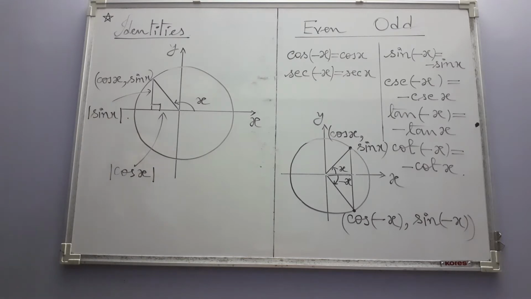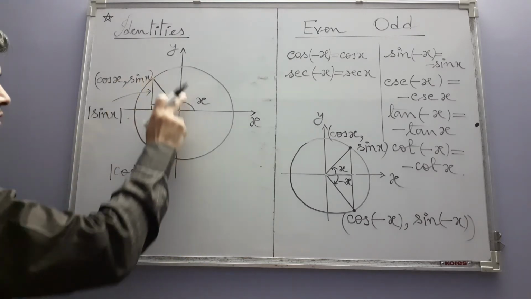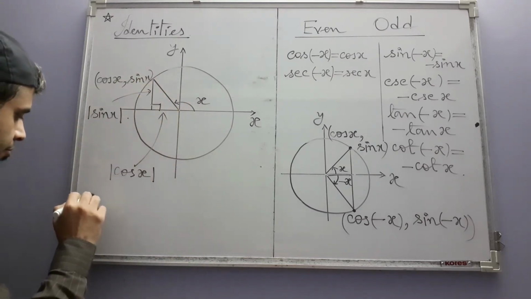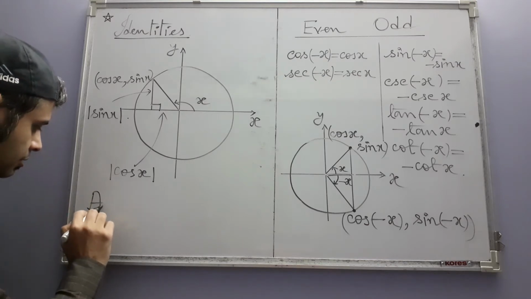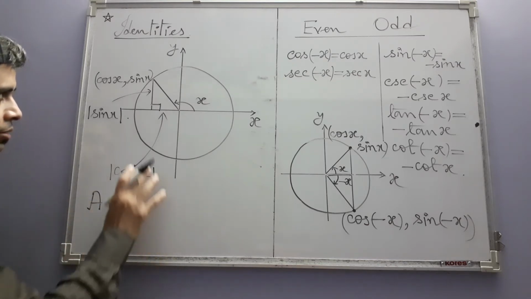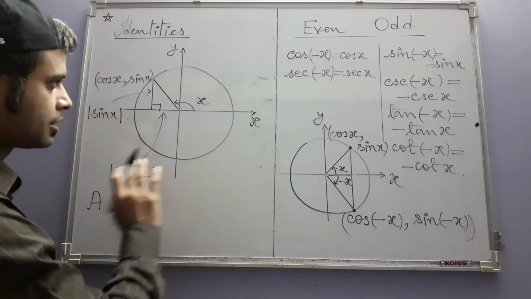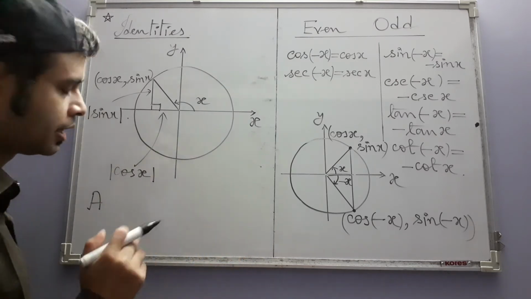So if we now apply the Pythagoras theorem on this right-angled triangle, somewhat not very formally because I have not written anything for this diagram, but you can understand what we are doing.